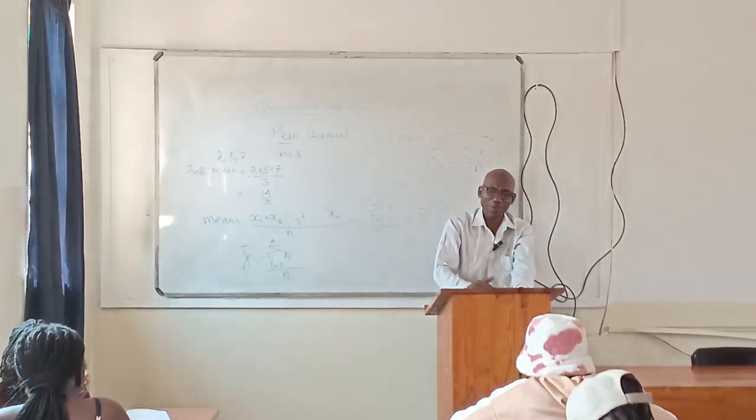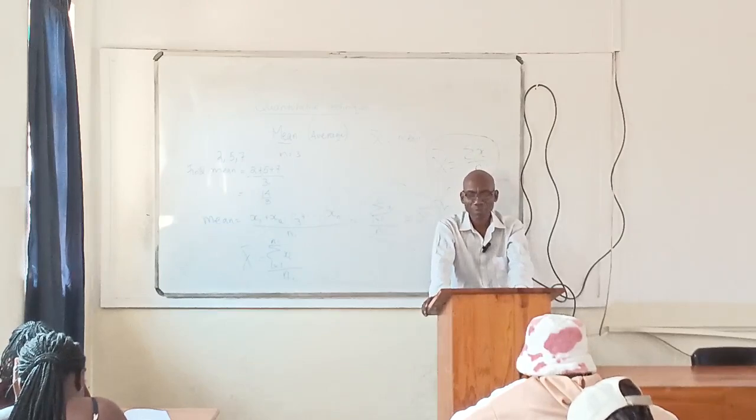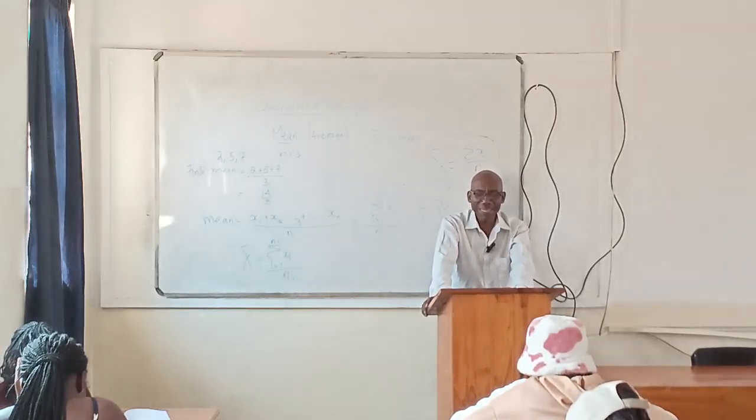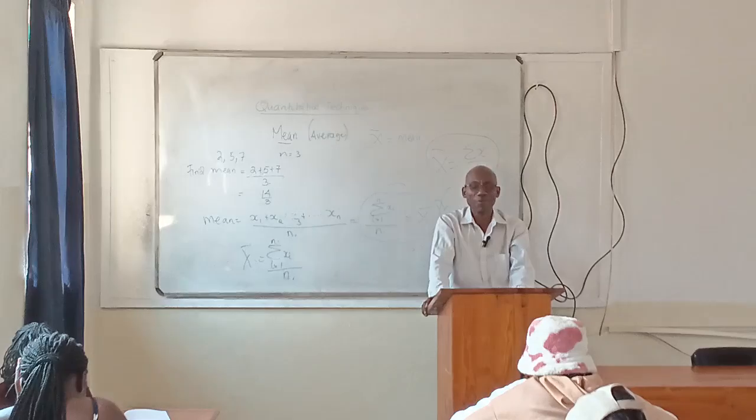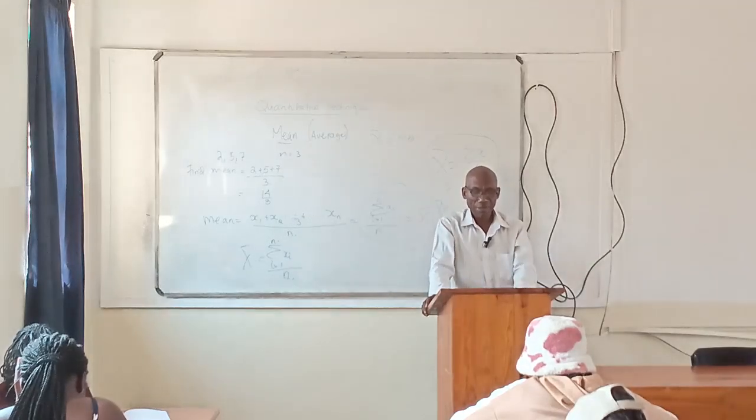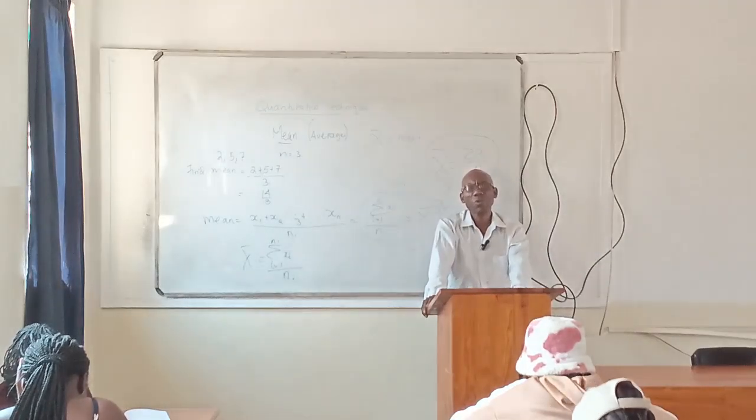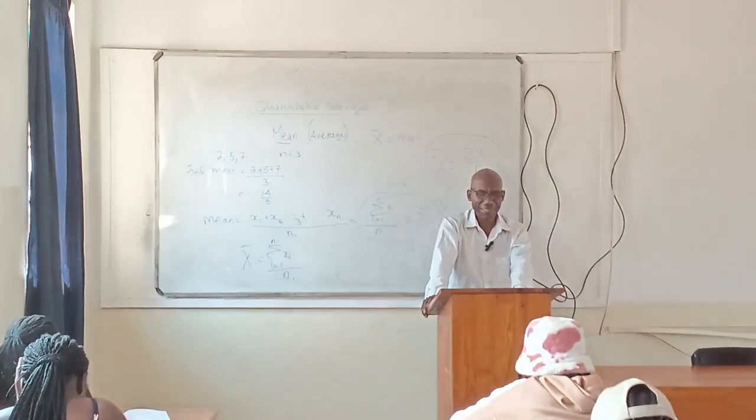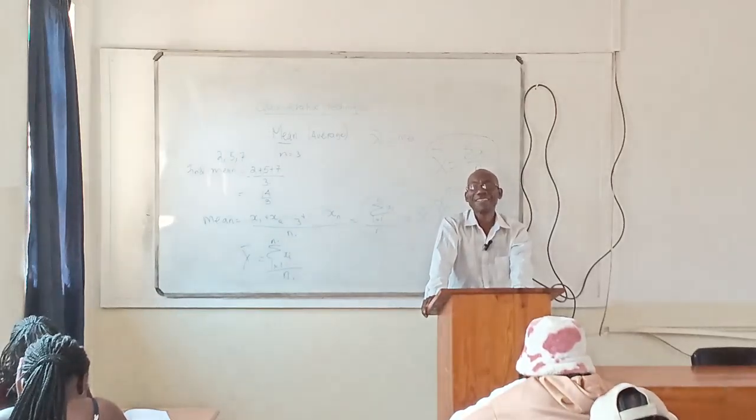Open the other page. So the total number of instruments played can be calculated in an organized way as follows. X, and what's the meaning of F? Frequency. What is Fx?